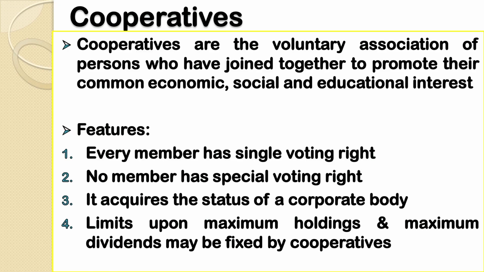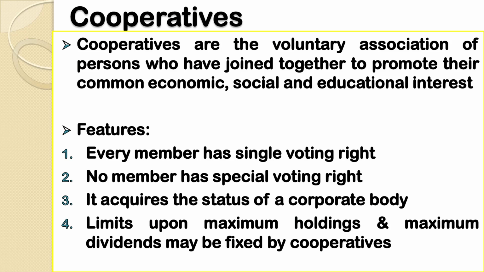Some of the important features of cooperatives are, number one, all the members have a single voting right, and there is no provision of special voting right. The next important feature is that it acquires the status of a statutory body.